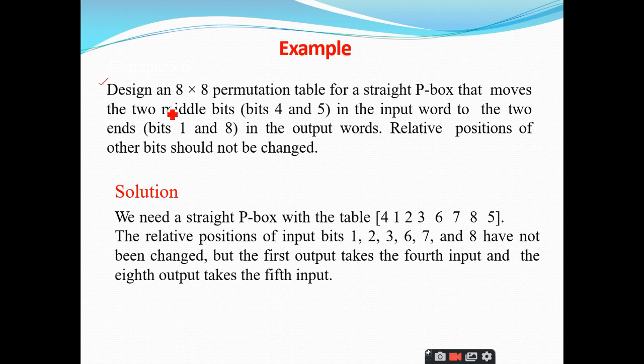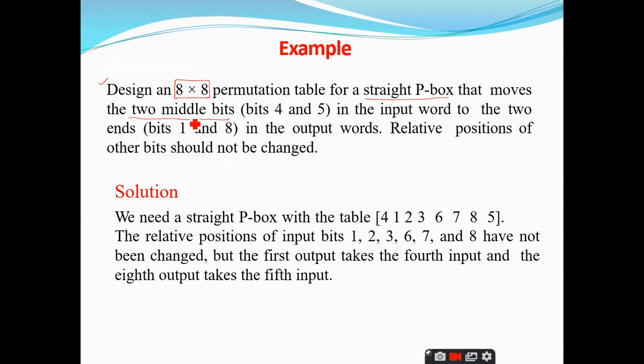So design an 8 by 8 permutation table. When you come across the same number of inputs and outputs, what does it mean? Is it a straight P box or an expansion or compression P box? Straight P box. Why? Because we have 8 inputs and 8 outputs, right? It is a straight P box that moves 2 middle bits. Listen carefully, everything is present in the question itself.